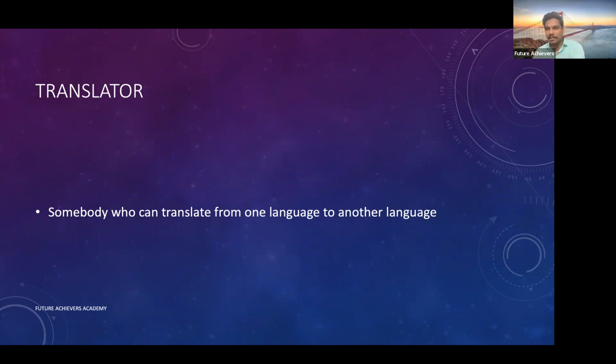So there must be somebody in the middle who knows Hindi as well as English, so that I can say whatever I want to him in English and he can convert that to Hindi for the other person. Similarly, the other person can convert his language, Hindi, to English and communicate with me. So that's how the translator is going to work. There is a good relationship between translator and the programming language. I'll get to you there.